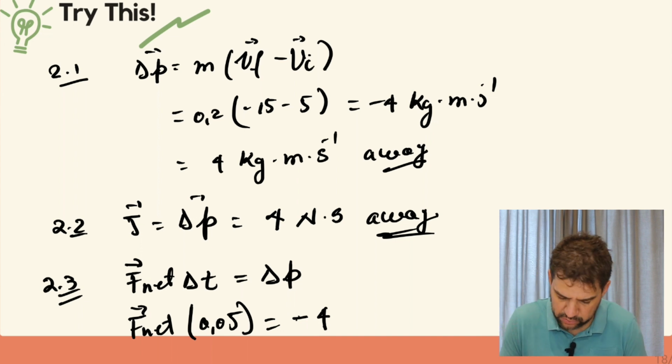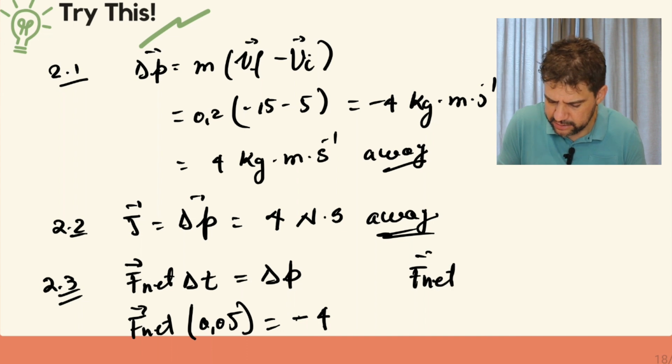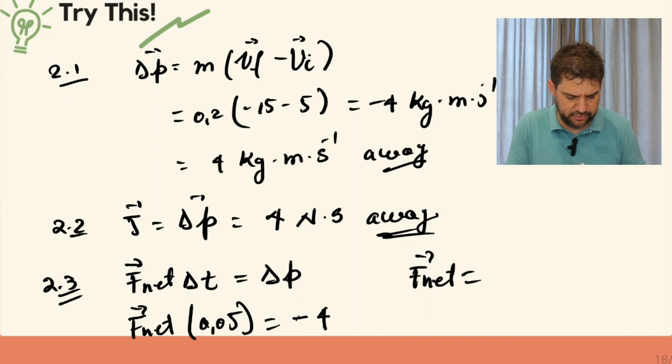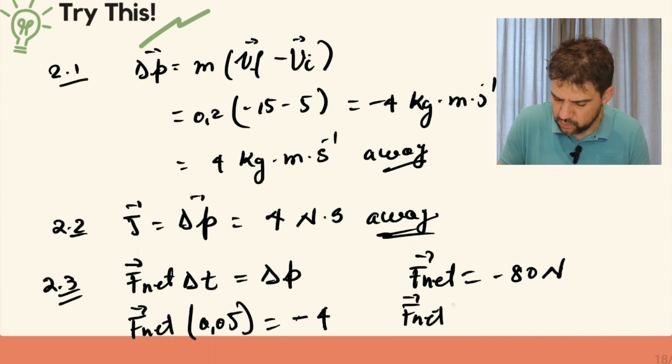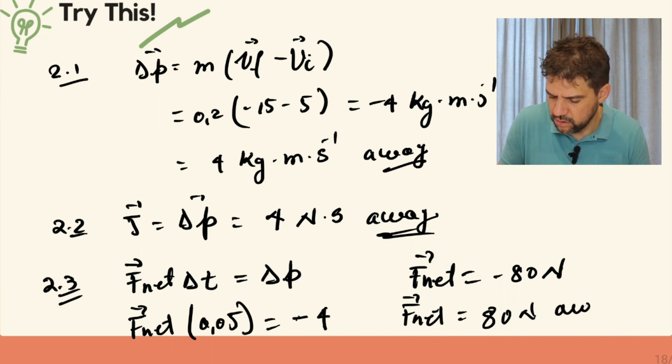Be careful with that one. And then when you calculate, you get that F net is equal to -4 divided by 0.05, which is equal to minus 80 Newton. So F net is equal to 80 Newton away.